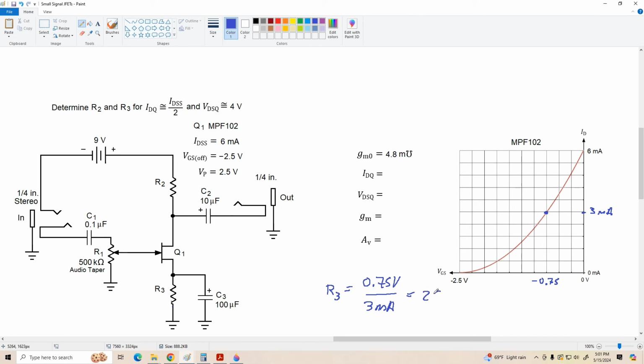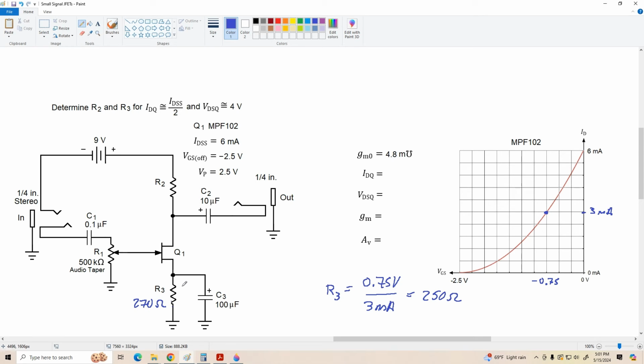Okay, so we need a 250 ohm resistor for R3. Now that's not a standard value. We could use the next lower value, which is 220, or the next higher value, 270. I'm going to go with 270 ohms. It'll give us a little less than 3 milliamps, but probably not much. So let's go with 270 ohms for R3.